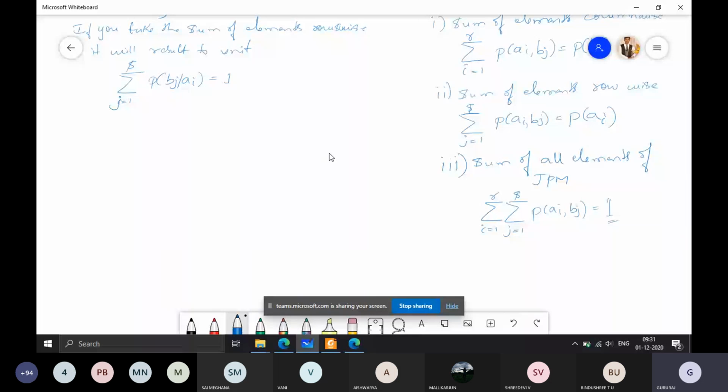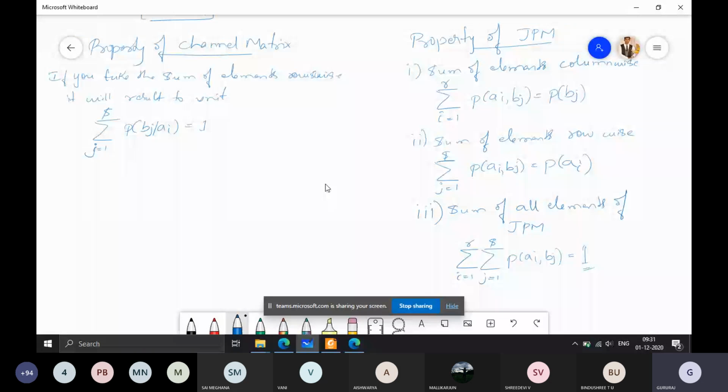These are very important properties that will help you solve problems related to channels, channel matrix, and joint probability matrix. Unless you remember these formulas, it is very difficult.